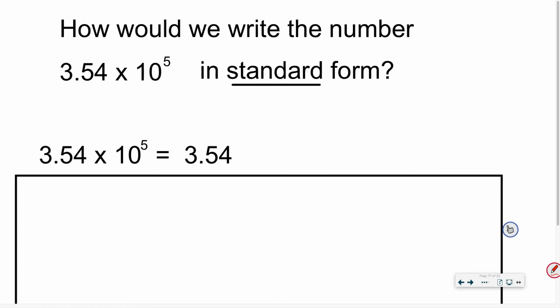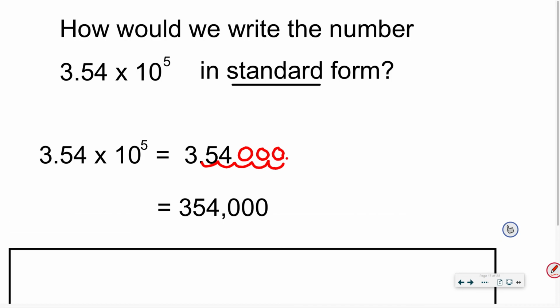How am I going to show multiplying by 10 5 times? Moving your place value to the right. Yeah, every time I multiply by 10, my place value shifts. What would go in all of these? Zeros. Yeah, zeros. So if I had to represent this number in standard form, we had 354,000.